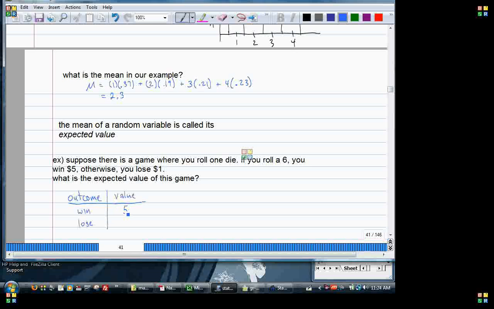It's not 1. It's sort of like 1, but not quite. It is -1. Because you're losing.